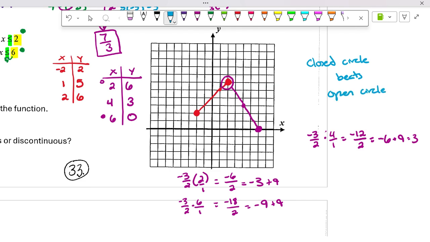So if you have a closed circle and an open circle on the exact same point, you can remove the open circle and leave it as closed. All right, so closed circle always beats open. But that's only when it's on the exact same spot. Like, I mean, same X, same Y.